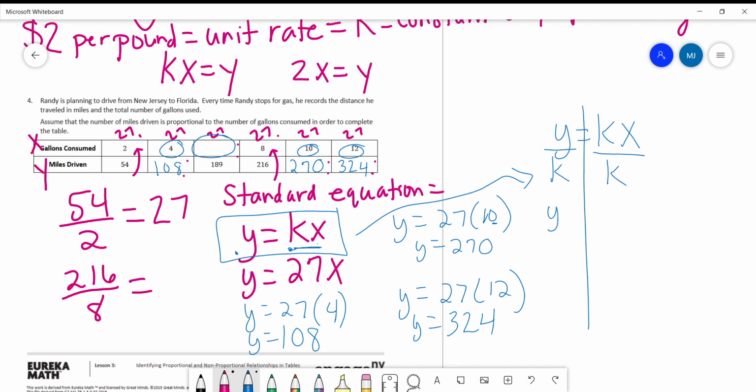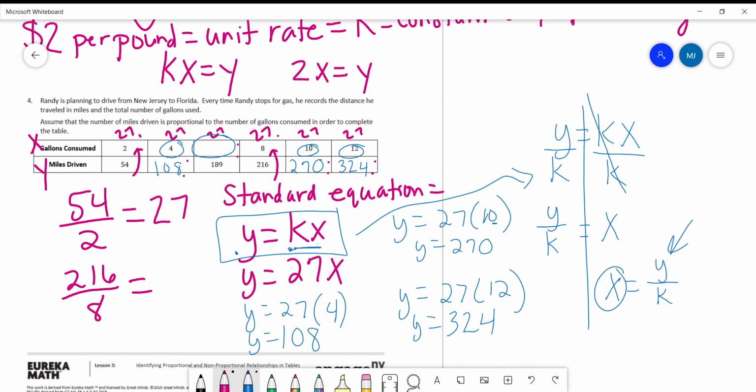So on the left-hand side, we keep the y divided by k. And on this side, k divided by k would just be 1. So we have the equation x equals y divided by k. And you can change it if you like to a left to right format. X equals y divided by k. So if I know y, I should be able to find x.